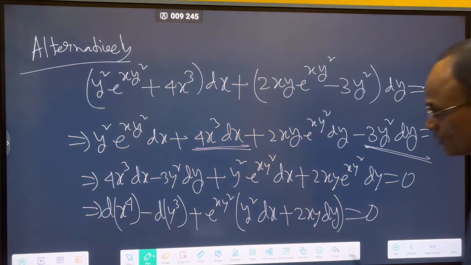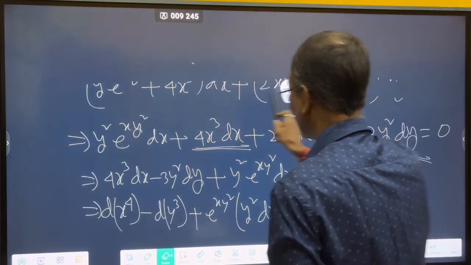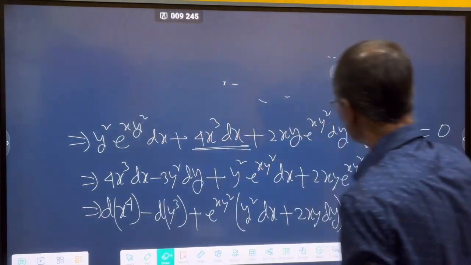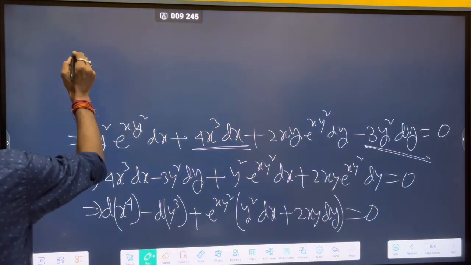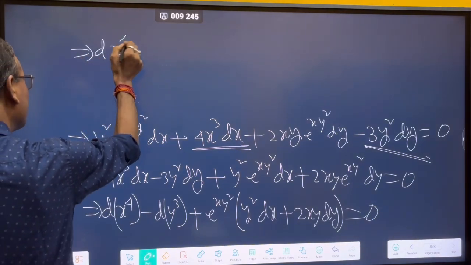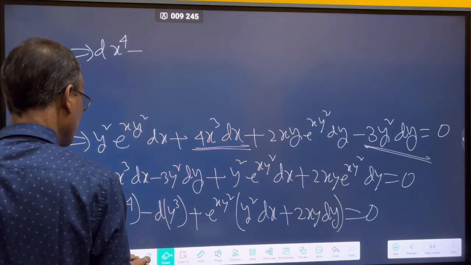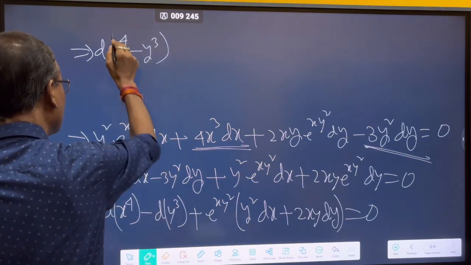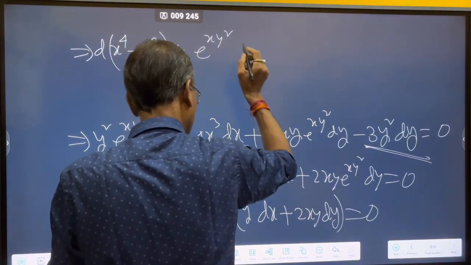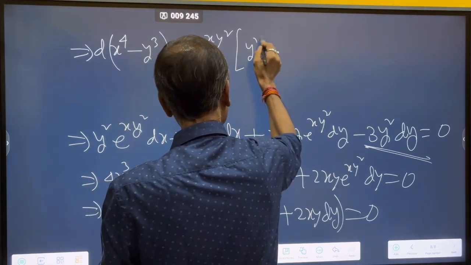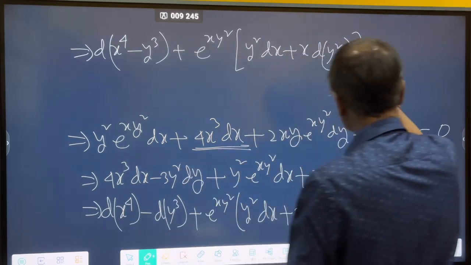Let me write in this place. This means d of x to the power 4 minus y cube plus e to the power x y square times y square dx plus x, can I write like this? Equal to 0.